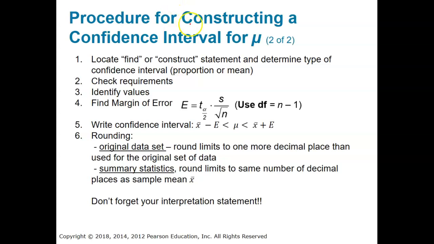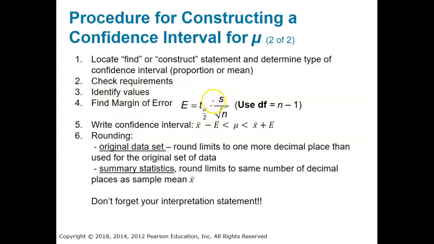Okay, here are our steps for constructing the confidence interval. You'll see that they're very similar to what we've done before. First of all, start out by locating the find or construct statement and use that to determine the type of confidence interval that we're working with, whether it's a proportion or a mean type. Verify the requirements that you have. Identify any values that are present in the problem.